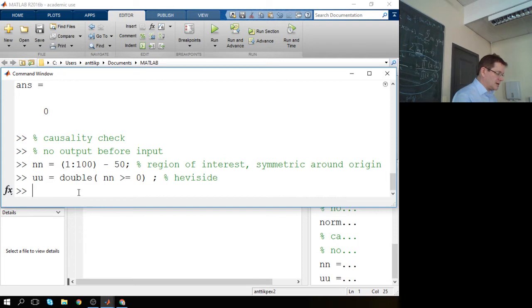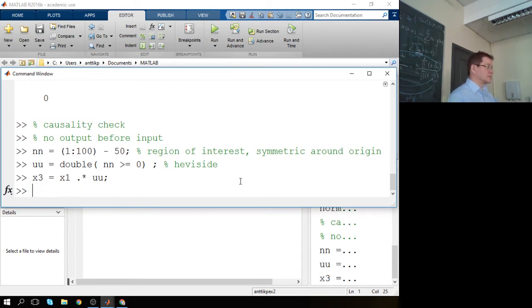And now I can make my test vector x3, for example, by multiplying x1 by this u. So now I have a random vector starting from 0.